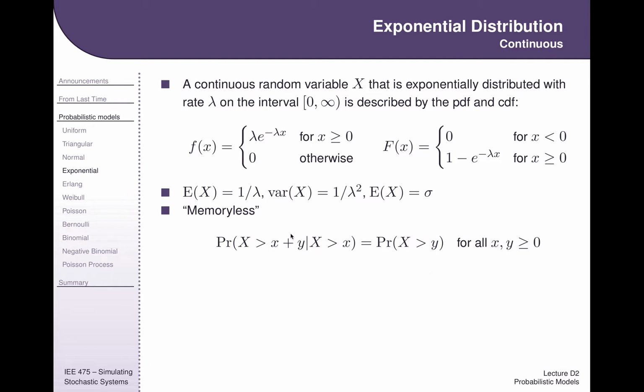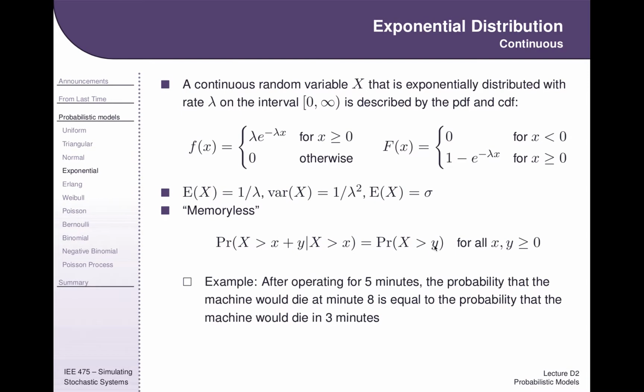In other words, if I know that I've already waited 10 minutes, what's the probability that I'm going to wait at least another 5? Well, if I know for sure that I've already waited 10, that's just the probability that I'm going to wait 5 from the same exponential distribution. So you don't get anything by knowing you've already waited 10. That's lost time, so it's memoryless, and that's what I'm saying down here.